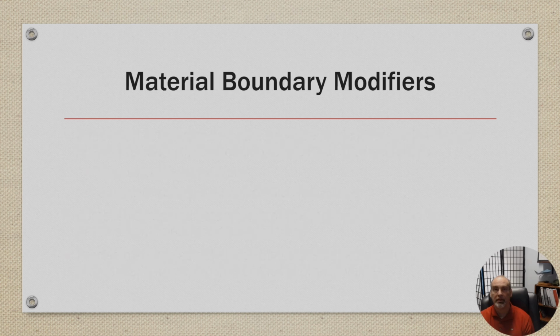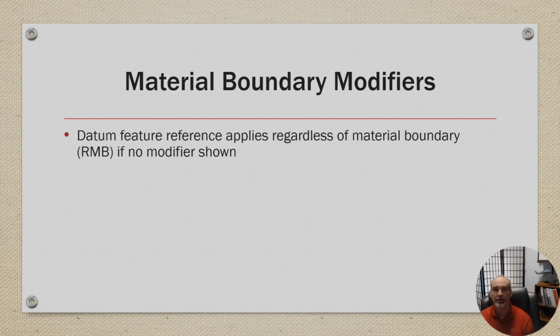Okay, material boundary modifiers. So we've talked about material condition, which affects the finished feature tolerance of size, but the datum feature reference applies regardless of material boundary, RMB, if there isn't a modifier. So that's with the boundary itself of the datum having variance in its surface.